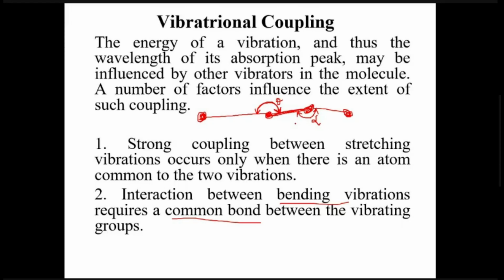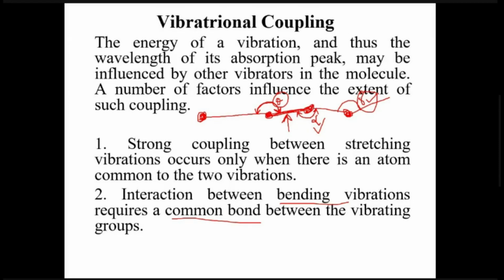So for this you require one bond to be common in two bond angles. Suppose there is another angle gamma. Now theta cannot affect gamma, but alpha may affect gamma. I hope this is clear to you. Students, please give me feedback. Have you understood this? Yes, sir. Okay, thank you.